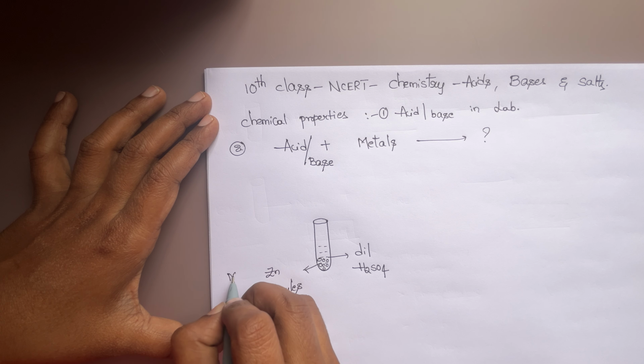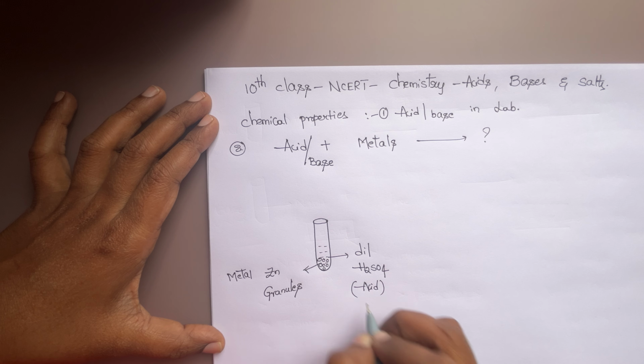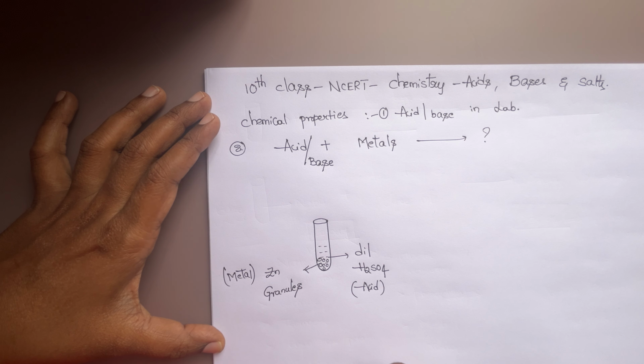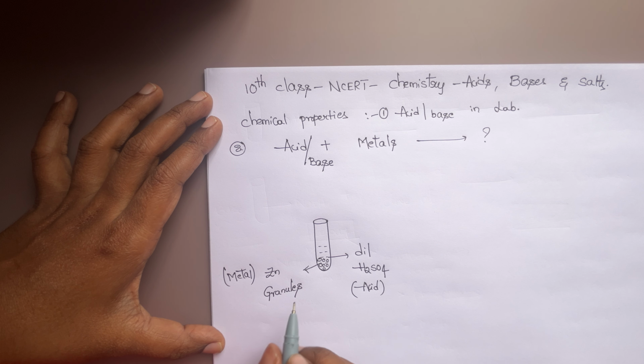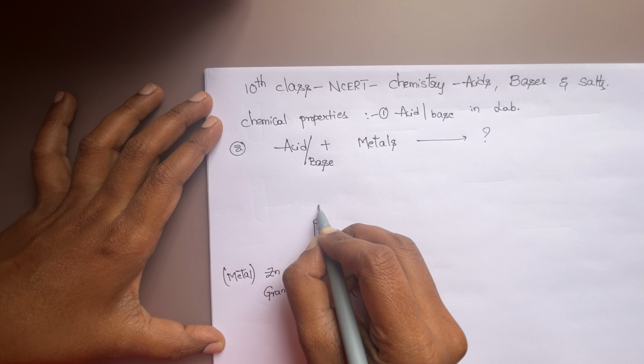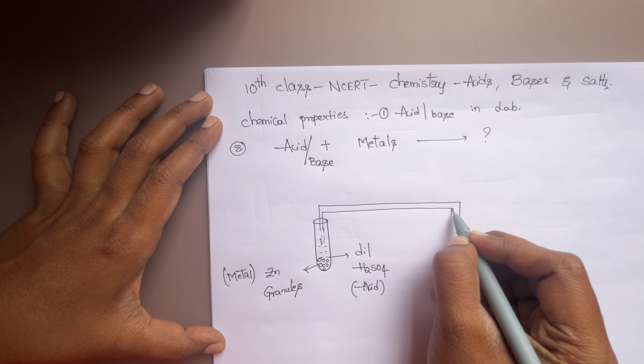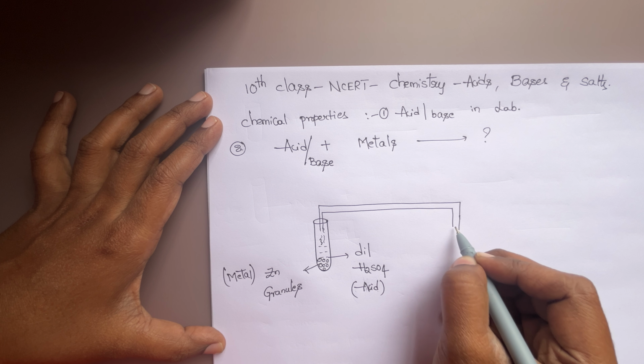So this is metal and this is acid. Whenever I add zinc granules to the dilute sulfuric acid, slowly vapors are produced. These vapors I am capturing into the beaker.